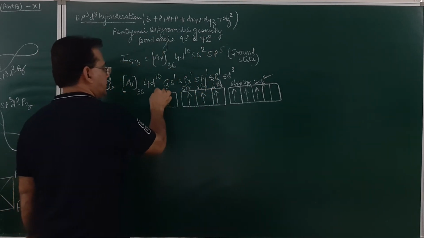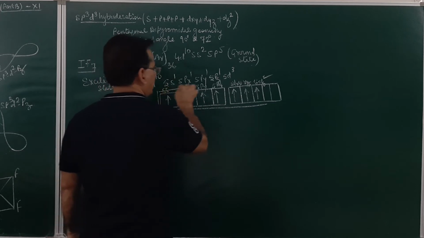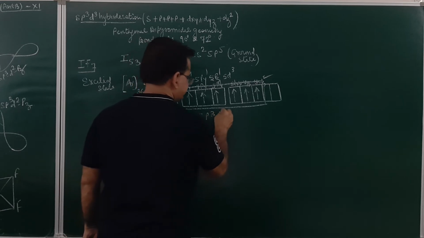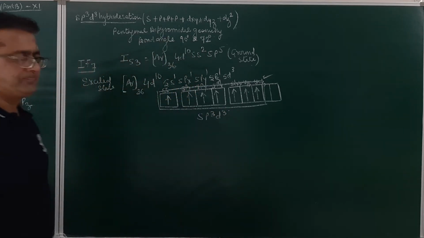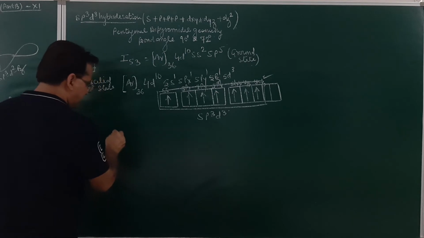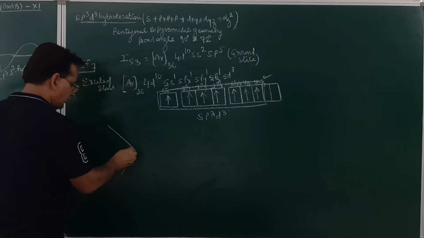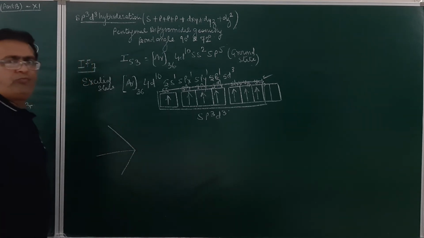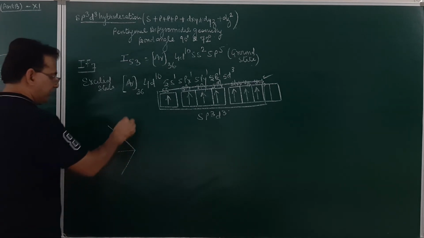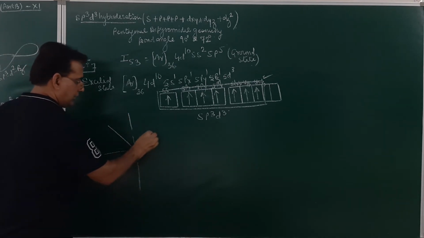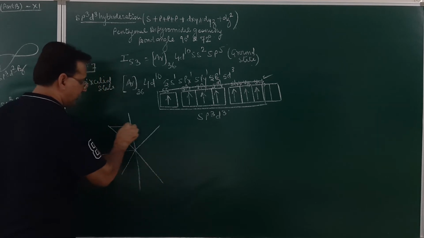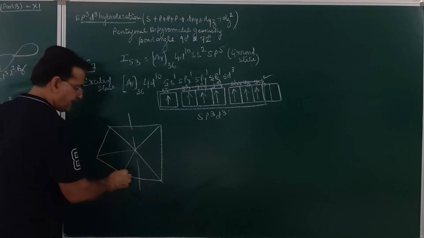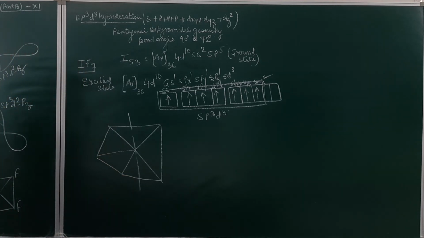One s, three p and three d will mix together to form sp3d3 type of hybridization. Am I clear? Which will orient itself to adopt pentagonal bipyramidal geometry. This is the pentagonal bipyramidal geometry.